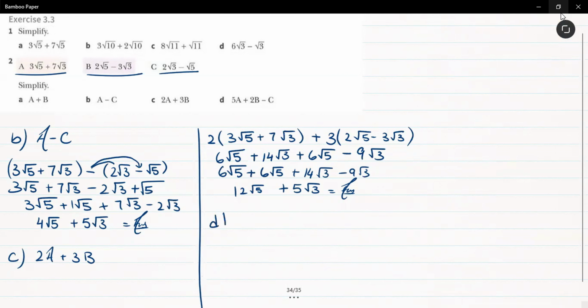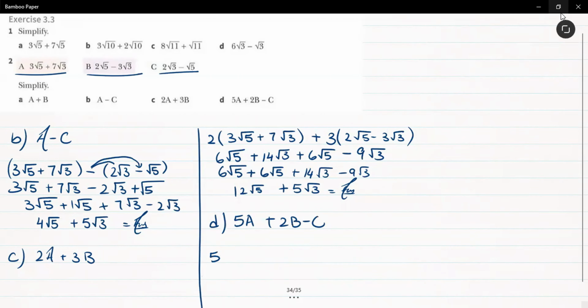Okay, so for part D, what we are going to do is write down what they've asked again, simple things: 5A plus 2B minus C. Now they've just bumped up the complexity a little bit, not too much.